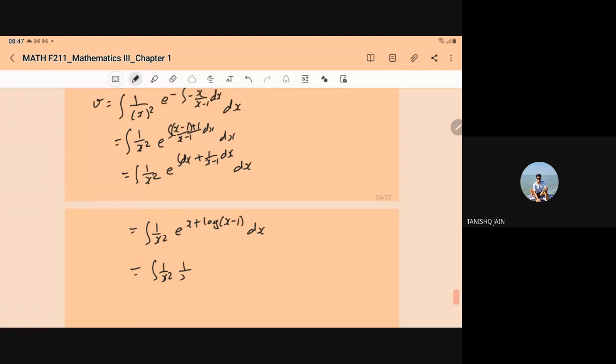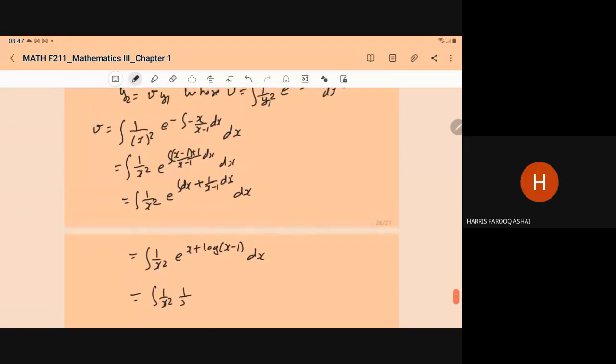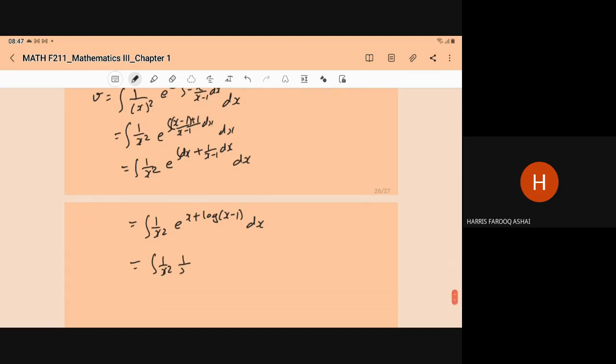So what will come? It will be 1 upon x square and 1 upon x minus 1 into x minus 1. Sir, it will be e raised to x into x minus 1.